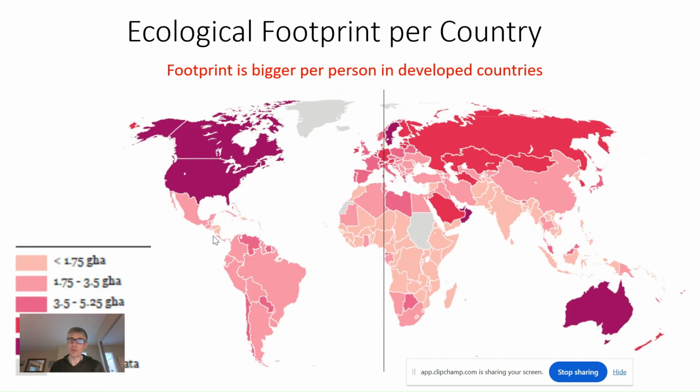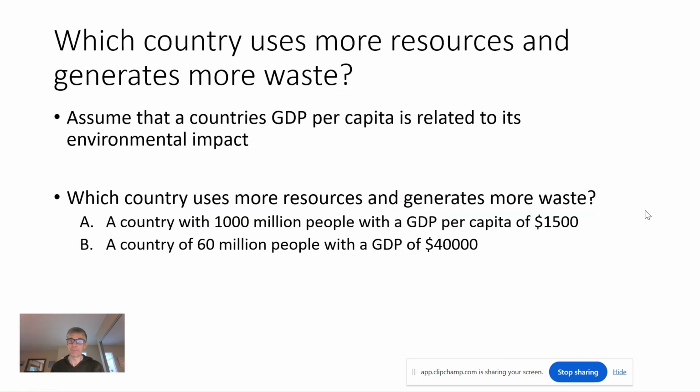So there's that ecological footprint per country. You can see that it's much higher in developed countries. And so really that's what's driving the fact we're exceeding our ecological footprint as a globe. You can see this again if you just multiply population by affluence to work out impact. So you've got a big country of 1 billion people, 1,000 million, with GDP per capita of 1,500, and then you compare that with a smaller country of 60 million with 40,000.